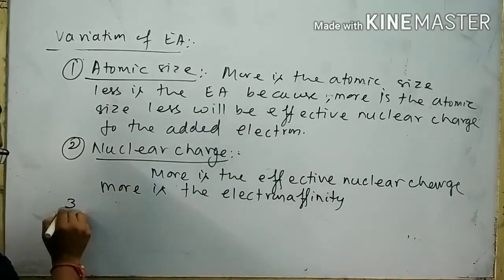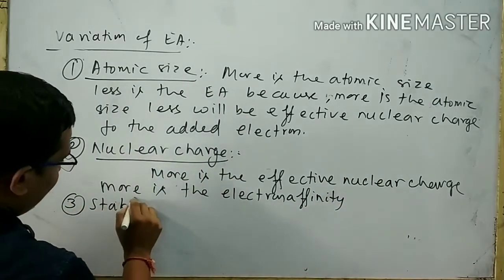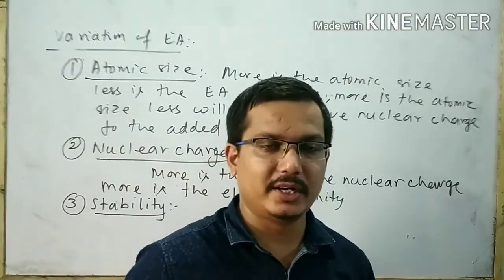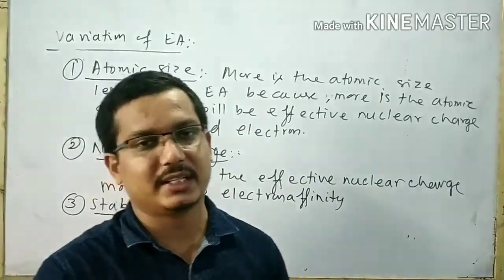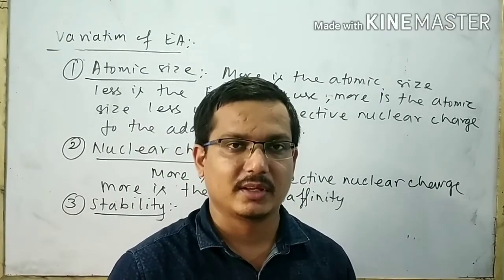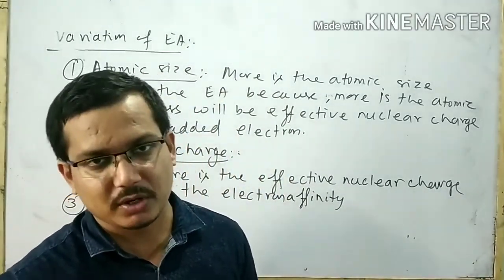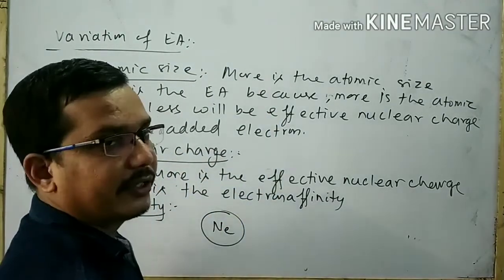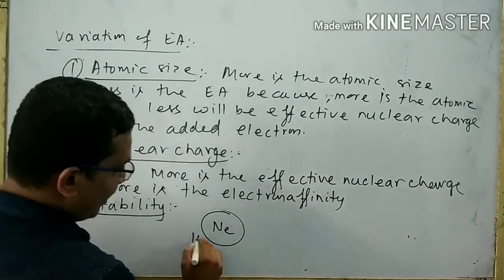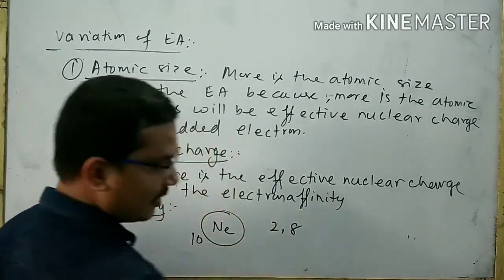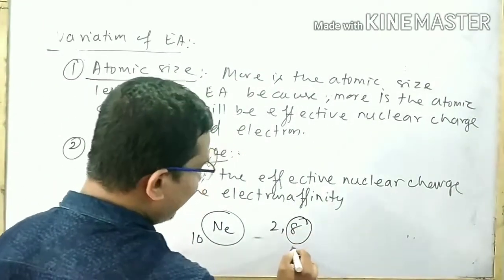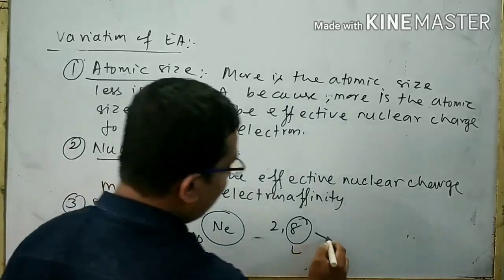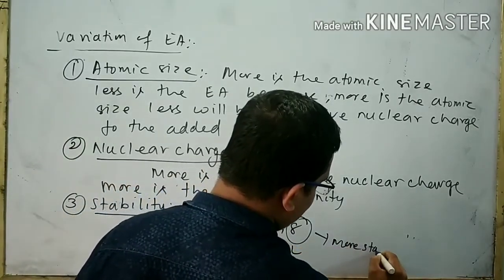Next factor is your stability. Remember an important point: every atom has a tendency to attain the stable electronic configuration. They do not want to attain the unstable configuration. Suppose you think about neon. Neon has atomic number 10, its electronic configuration is 2, 8. Due to the presence of 8 electrons in the valence shell, that is your L shell, it obeys the octet rule and it is considered more stable.